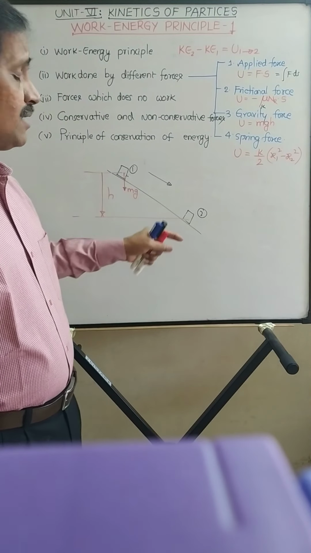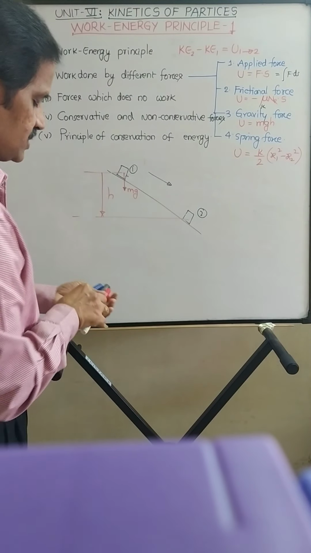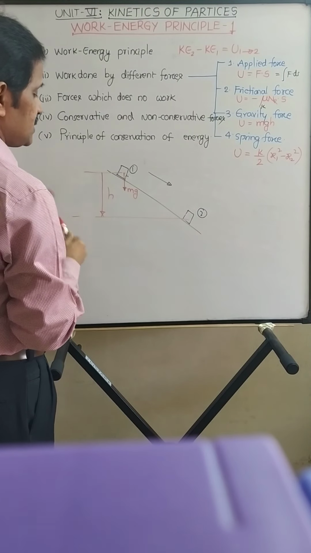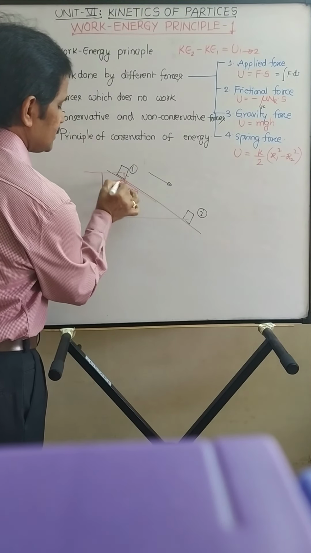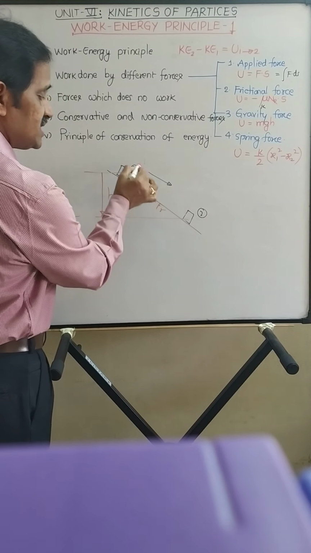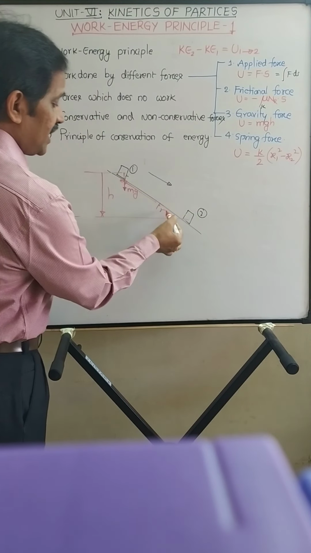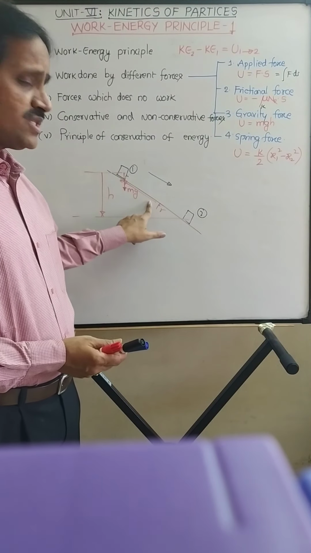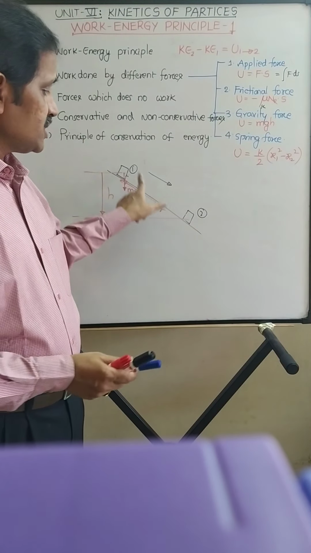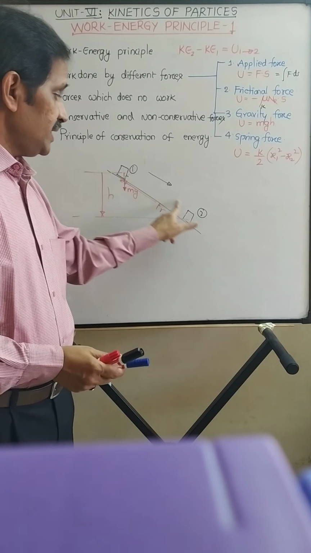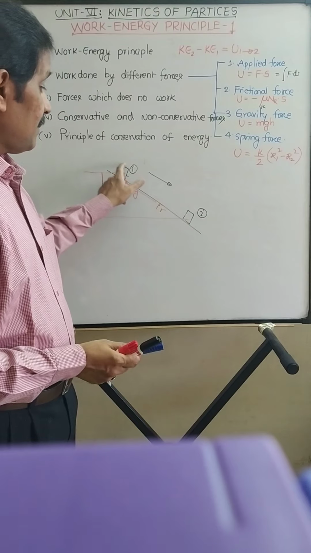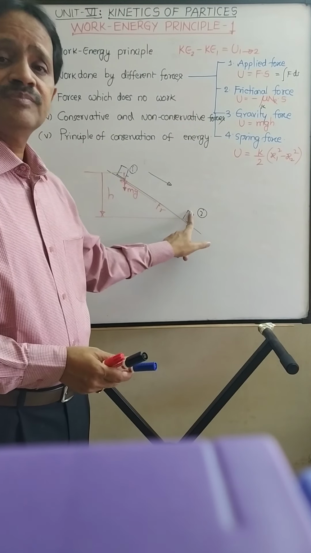Now consider work done by the friction force. The friction always acts in the opposite direction of displacement. It is having displacement down the plane and friction force is acting up the plane. So the work done by friction force is friction force into displacement. It depends on the path followed by the body.